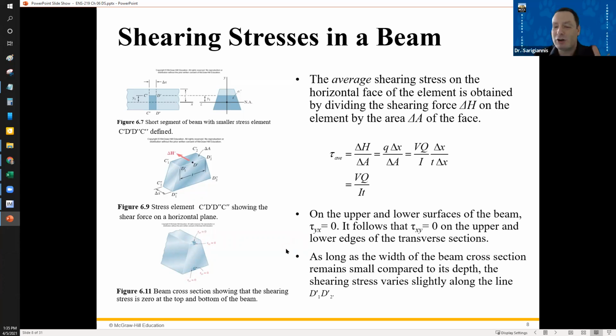There's no shear stress on those surfaces. So tau yx and tau xy, up here and down there. Tau yx is the area that's perpendicular to the y-axis, and the shear force is in the x direction.